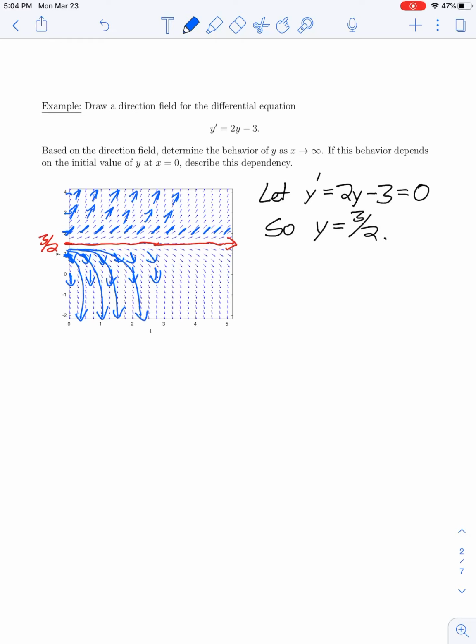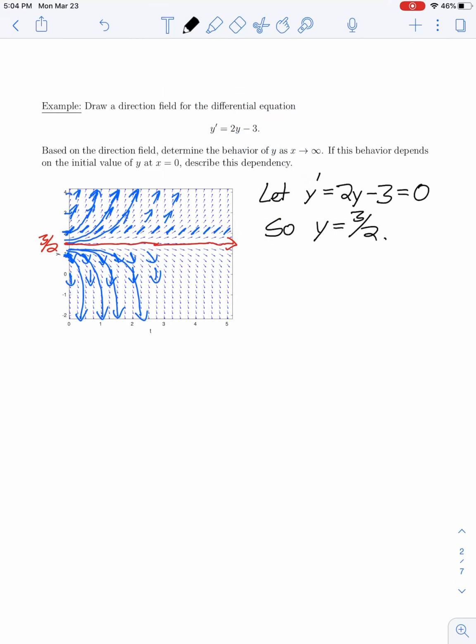They're decreasing without bound. Whereas if I choose an initial value of y greater than 3/2, we see our integral curves, the graphs of our solutions, are increasing without bound.